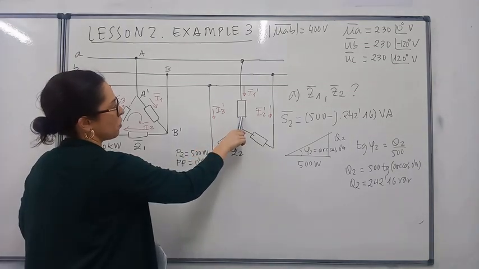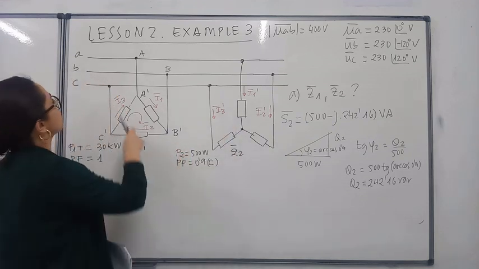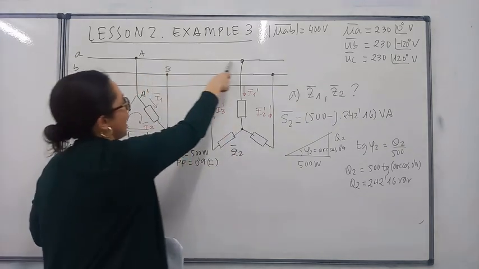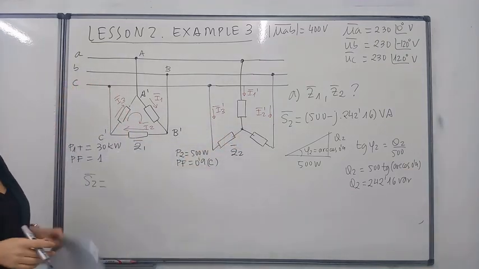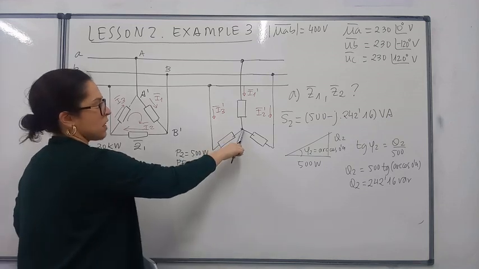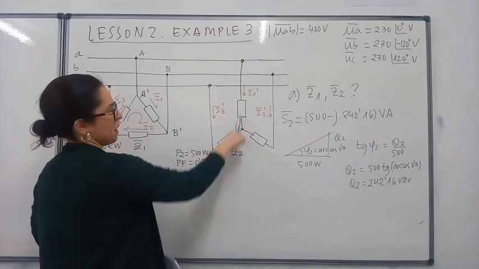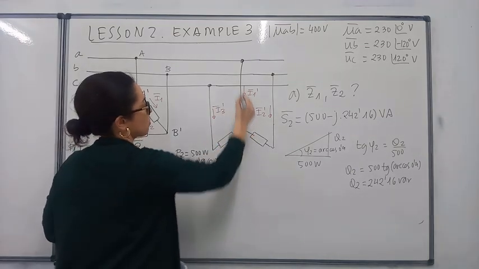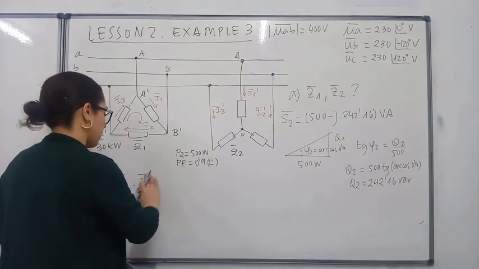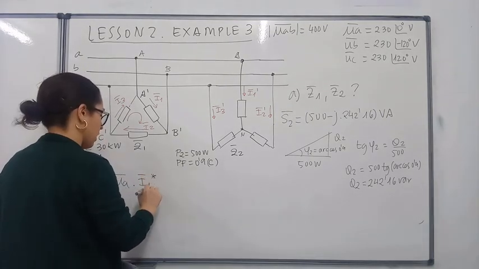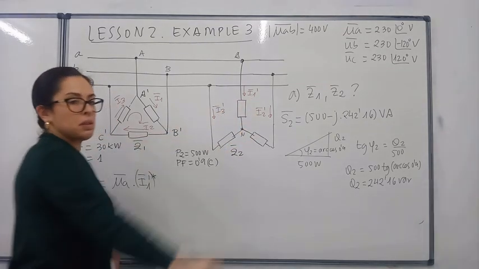What is the voltage, the difference in potential for this load? This load is connected between A and the neutral, so we have phase voltage UA, here at this point we have the neutral and here we have point A, multiplied by the conjugate of I1 prime, which is this current here.